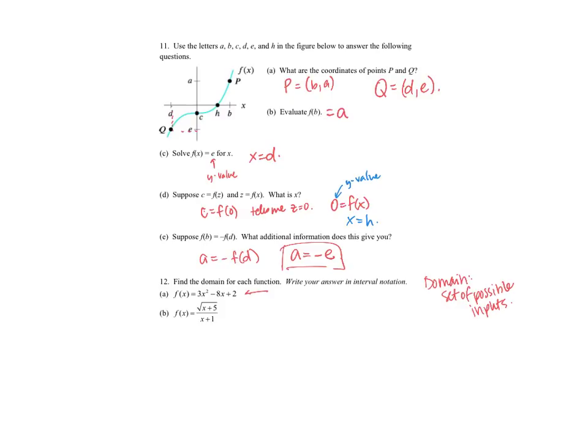So when I look at this, well, I can square any number that I want. I can multiply it by 8. I can add and subtract any number that I want. So the domain here is all real numbers. So I can say anything from negative infinity to infinity can be plugged into here and we'll have a real output.